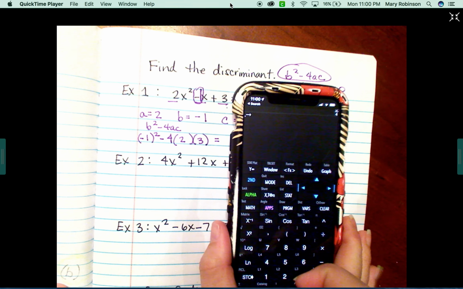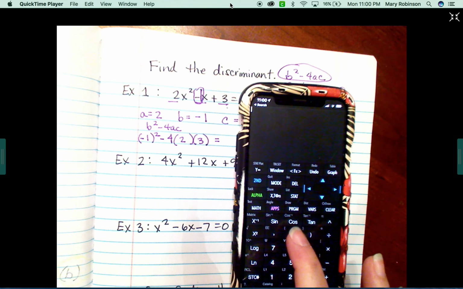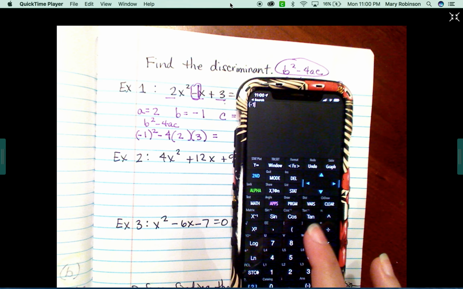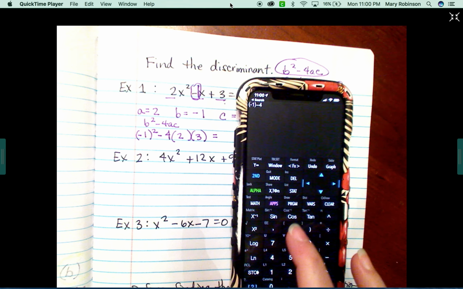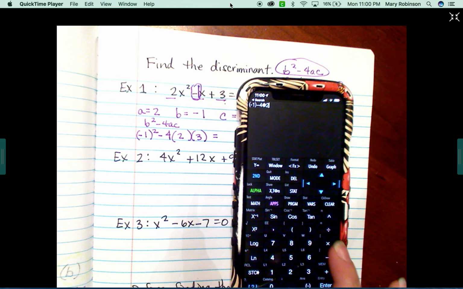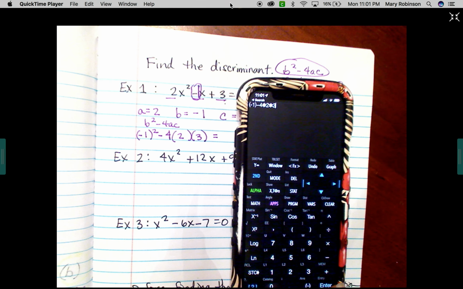All right. So right here on the home screen, I'm going to do left parent. Remember, parent is singular for parentheses. So left parent, -1, close your parentheses, minus 4 times the a value, which is 2, times the c value, which is 3. Just like that.